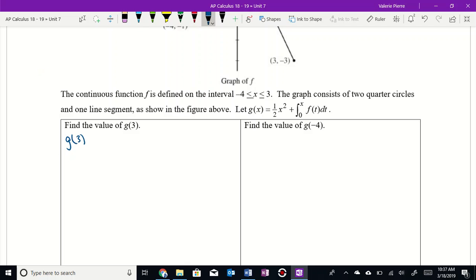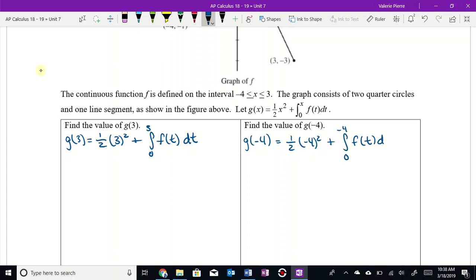So g of 3 will be equal to 1/2 times 3 squared plus the definite integral from 0 to 3 of f of t dt. So you're going to do this out, use the graph to find that value of the definite integral. And g of -4 equals 1/2 times -4 squared plus the definite integral from 0 to -4 of f of t dt.